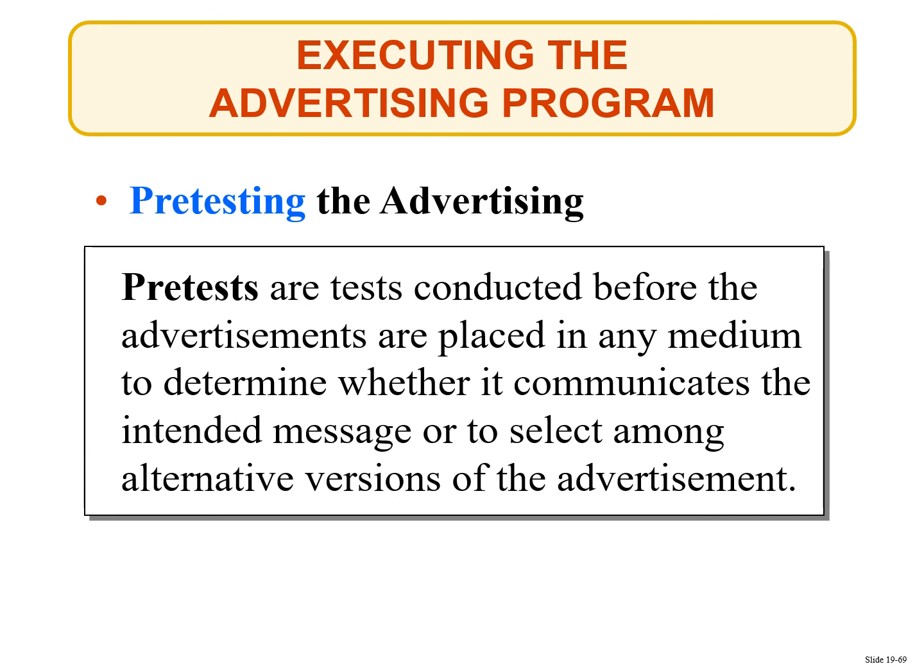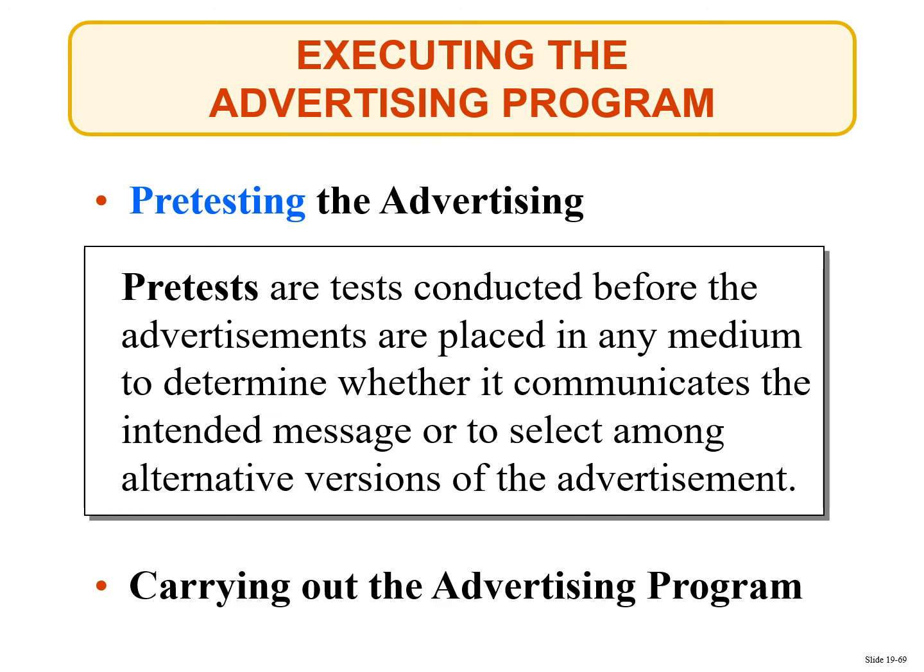You conduct a test of the advertisement to see whether it communicates the intended message, or to select among alternative versions of the advertisement. You want to see whether you want to go for this particular advertisement or for some other advertisements that you have as alternatives, because you want to see whether it communicates the message or not.